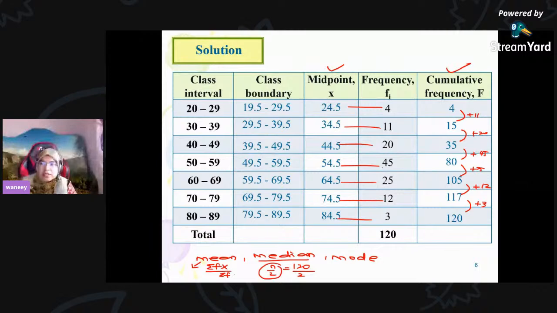So let us refer to our cumulative frequency and see where is 60. So 60 is definitely inside here. So this is the class that will give us the median. So this is the median class. So our calculation will depend on this class.